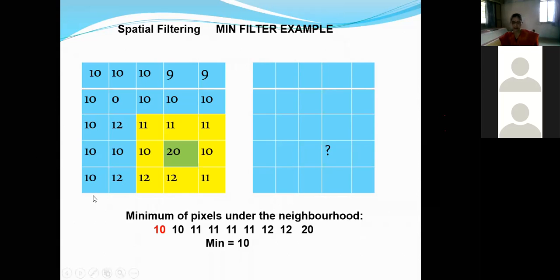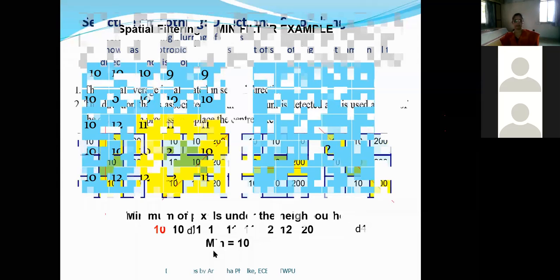And if your image is corrupted by salt and pepper noise, you can go for median filter, because median filter makes your pixel more like its neighbor. Very good, Soumya. All of you have answered me correctly.